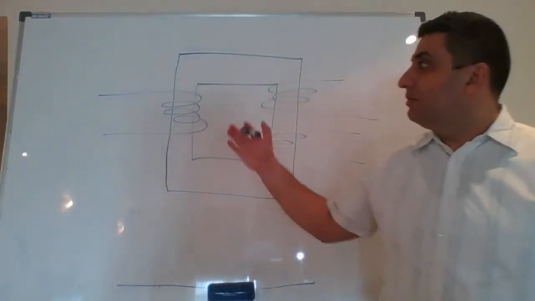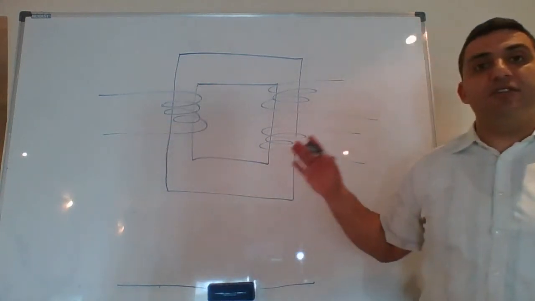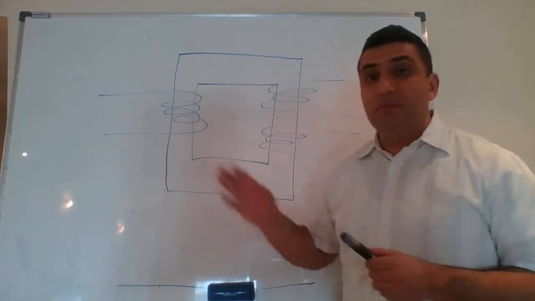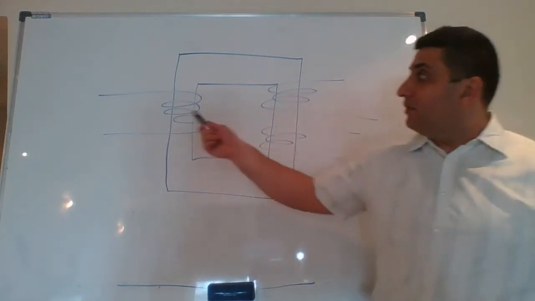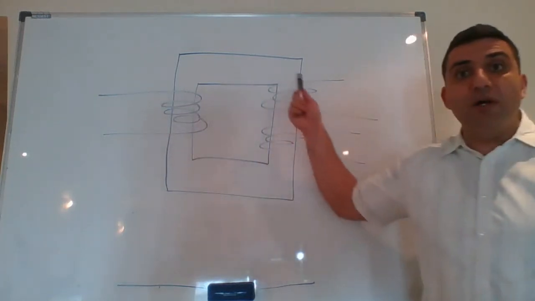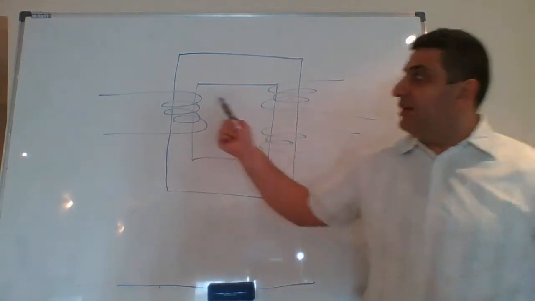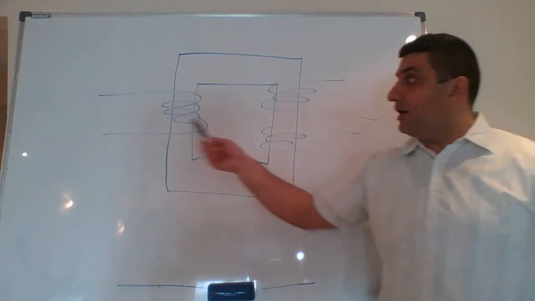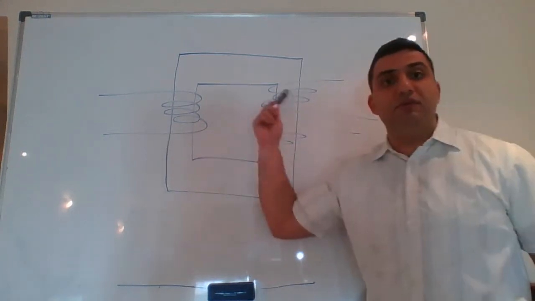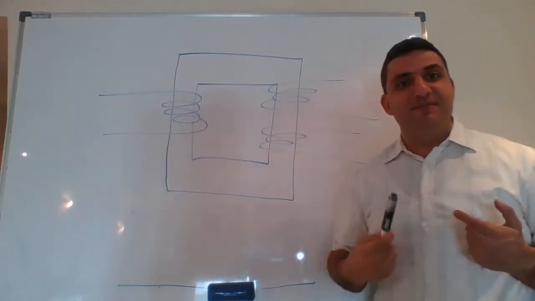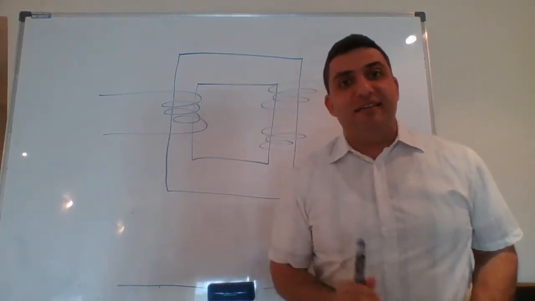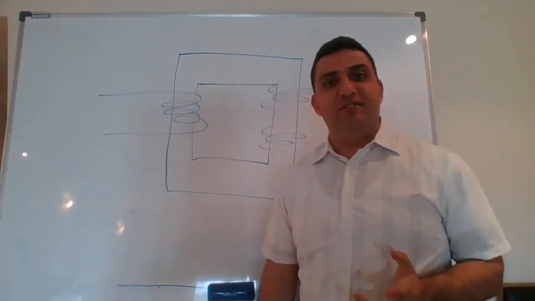I need to design the protection of this transformer. Because I have one winding on the primary and two windings on the secondary, I have an input and two outputs in this case, or I could have two inputs and one output. How do I start the differential protection for this transformer?